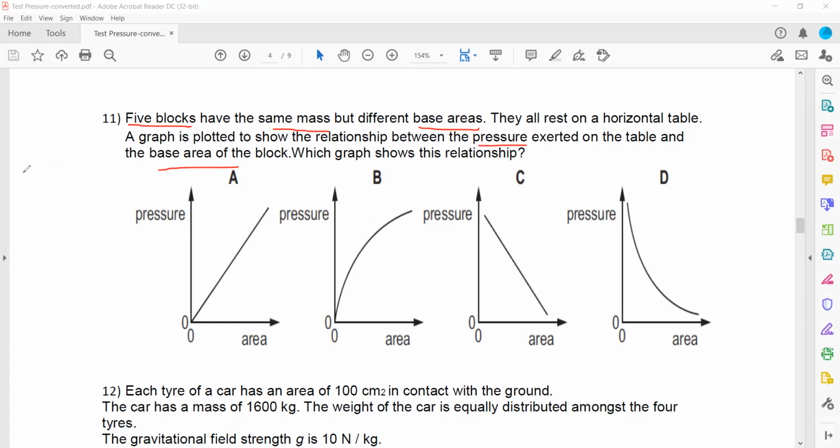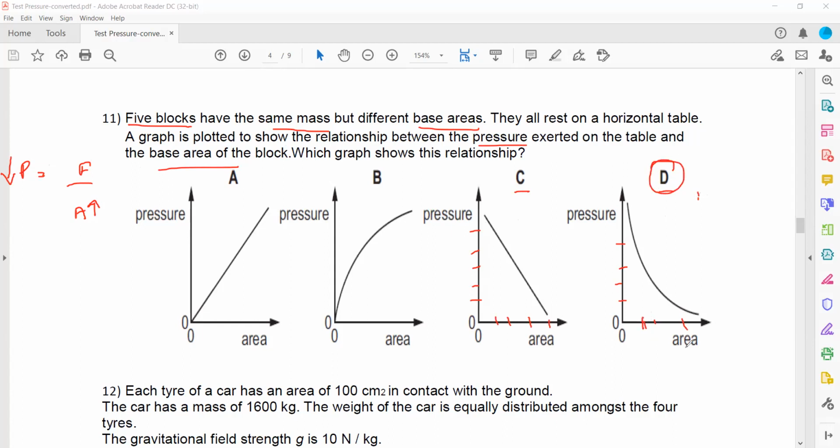So what is the relation between pressure and area? If area is increased, the pressure will decrease. So graphs C and D both are representing that when we are increasing the area, the value of the pressure is decreasing. But because they are inversely proportional, this will always be a curve.